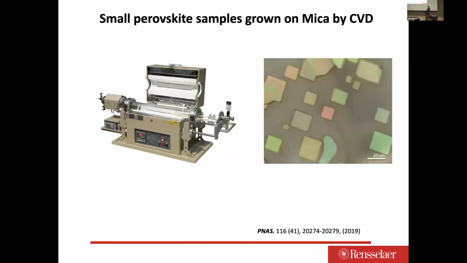One of the issues before my independence in 2019 is that although many papers tried to reproduce or do better compared with gallium arsenide or telluride, much of the work was done with CVD grown samples, which have very small size.